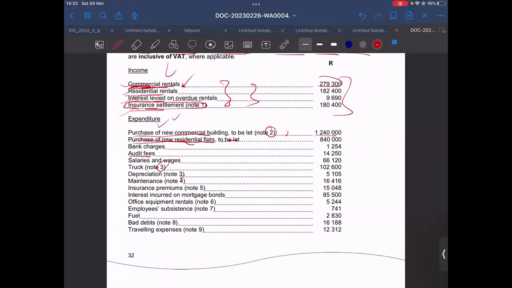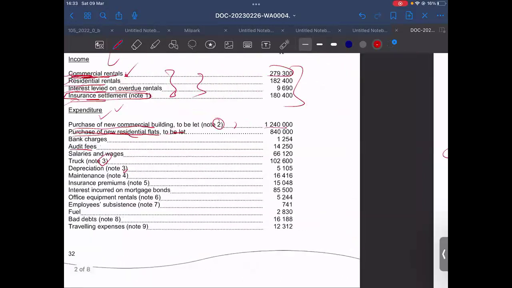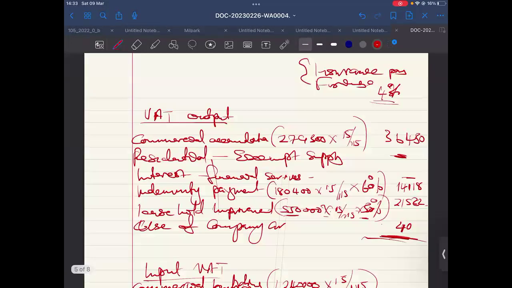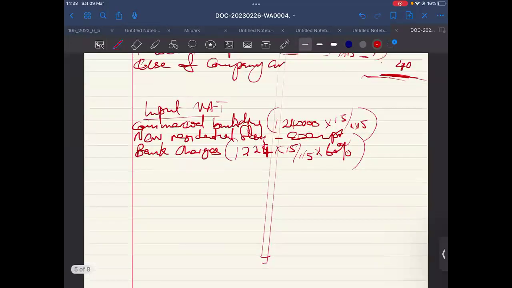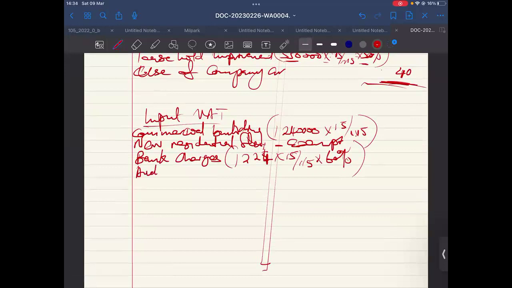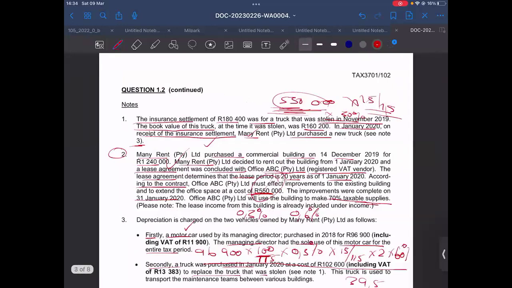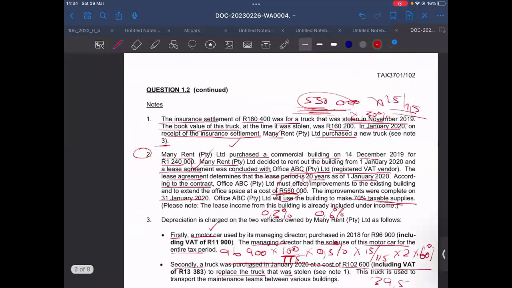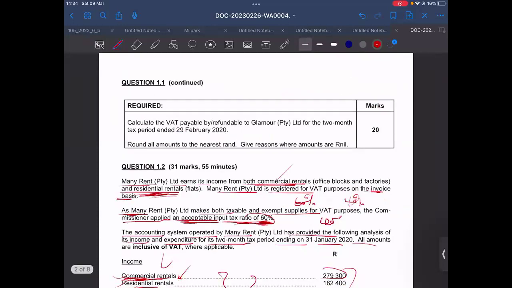We apportion them, 14,250 times 15 over 115, then times 60%. You put the amount there, please.